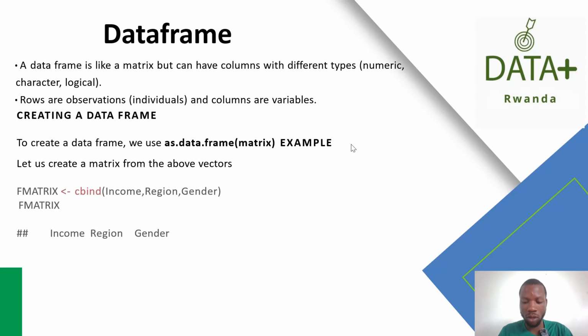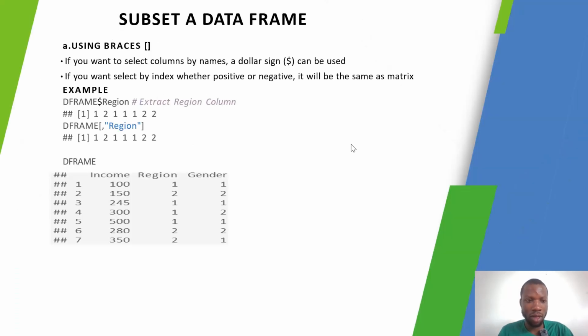Based on the matrices that we have, we can generate the data frame from that matrix. Here the matrix is made with cbind, with income, region, and gender. You see that region and income are different data types, but from there you can make it a data frame to make things easier for us.